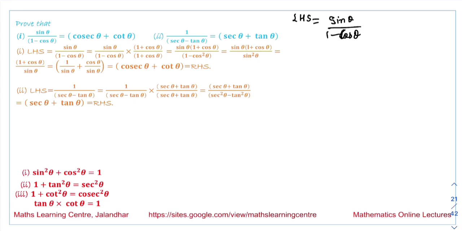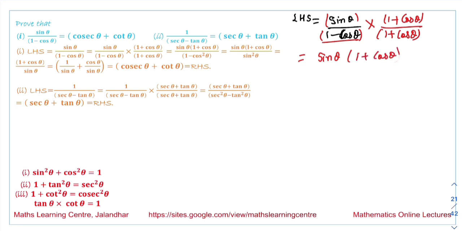So one of the approaches is to multiply and divide the numerator and denominator with 1 plus cos theta. This term is 1 minus cos theta, so we multiply and divide it with 1 plus cos theta. The answer we get is sin theta into 1 plus cos theta over 1 minus cos square theta.